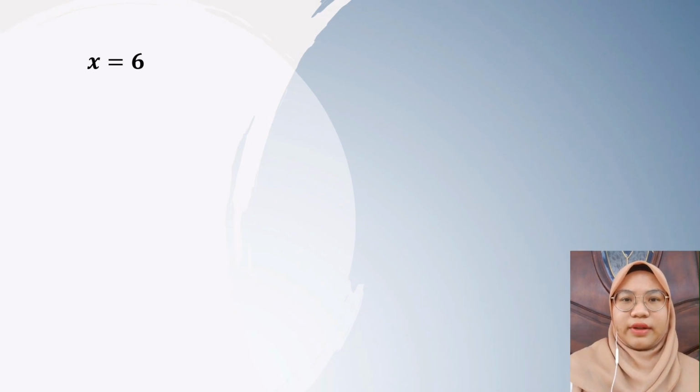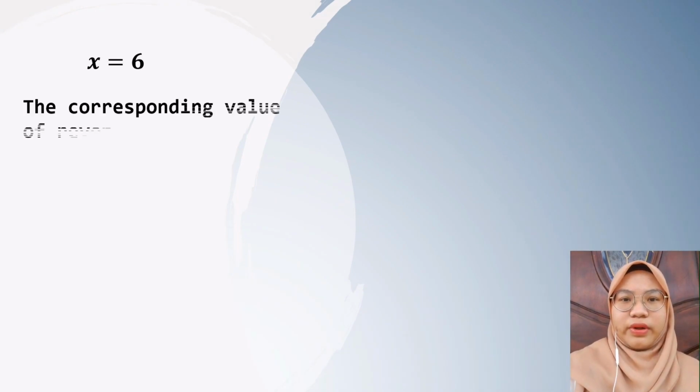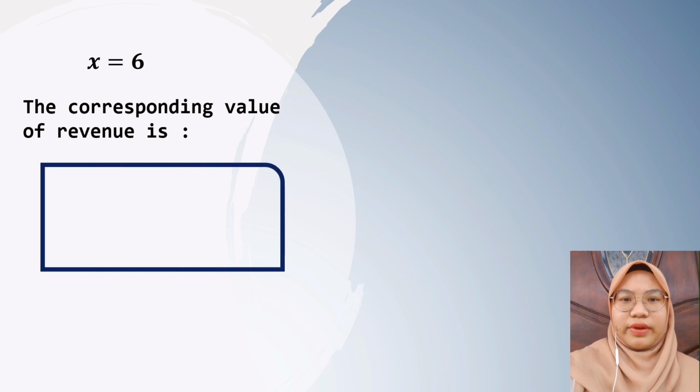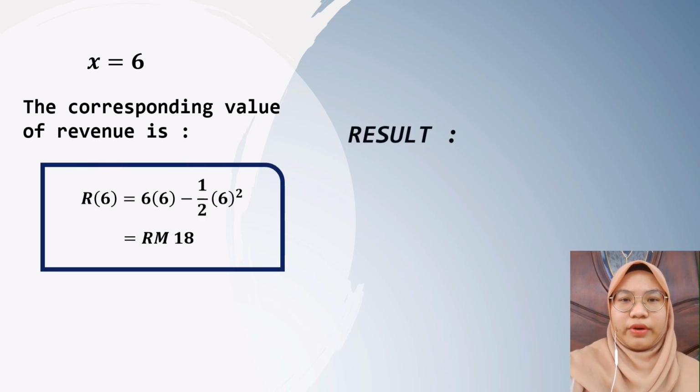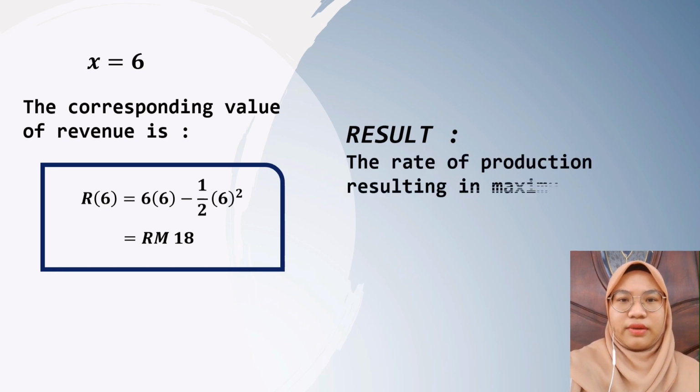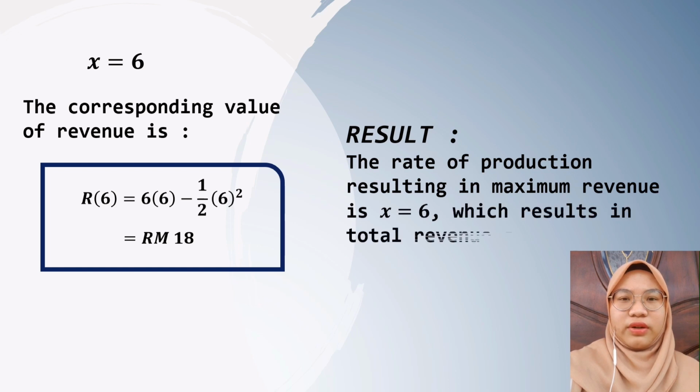When x equals 6, the corresponding value of revenue is 18 ringgit, and the result is the level of production resulting in maximum revenue is x = 6, which gives a total revenue of 18 ringgit.